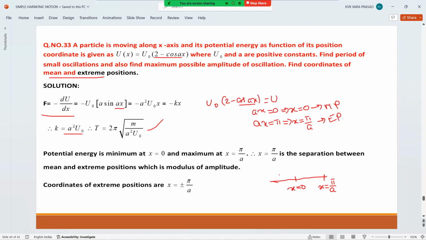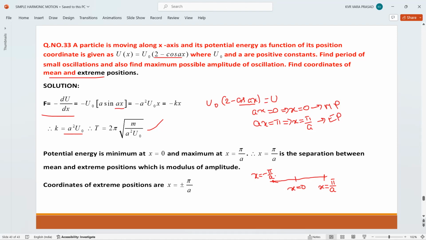Amplitude is pi by a. The other one is the left extreme, that is x equal to minus pi by a. Therefore, coordinates of extreme positions are x equal to plus or minus pi by a.